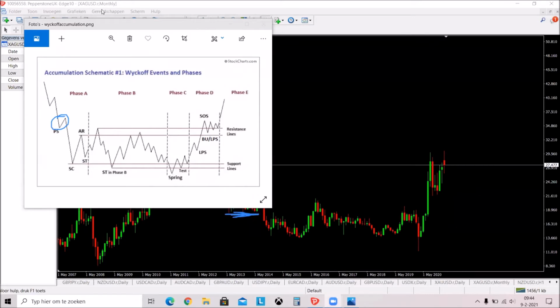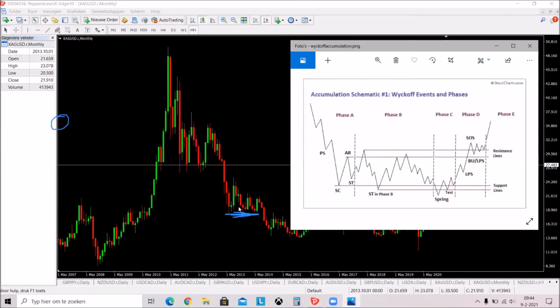You will see some up and down movements, and that's exactly what happened over here. So I'm going to highlight that part as the preliminary support.